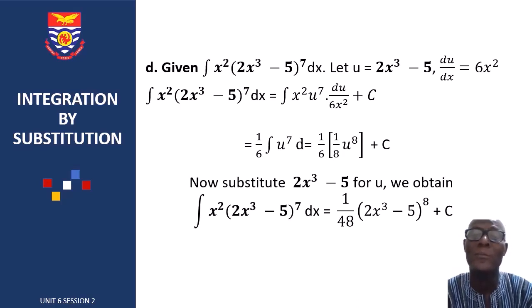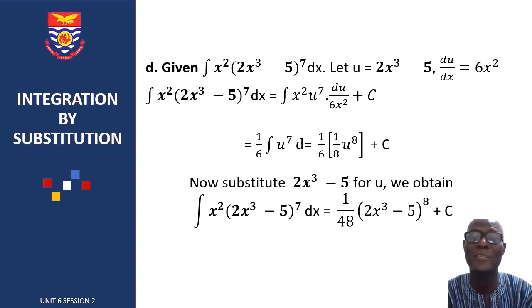Now, multiplying the integrand, we realize that the x squared in the numerator will cancel the x squared in the denominator, which gives 1 over 6 out, since 1 over 6 is a constant. Then the integral u power 7 du.